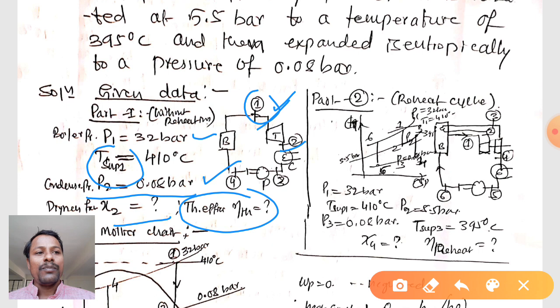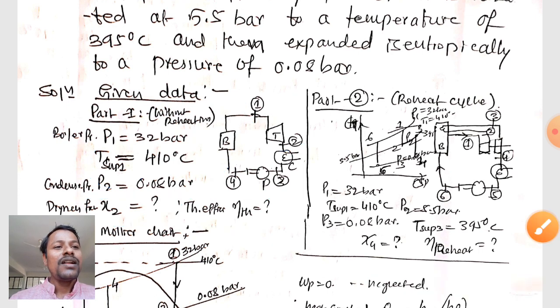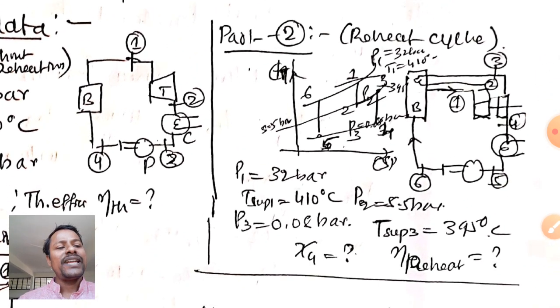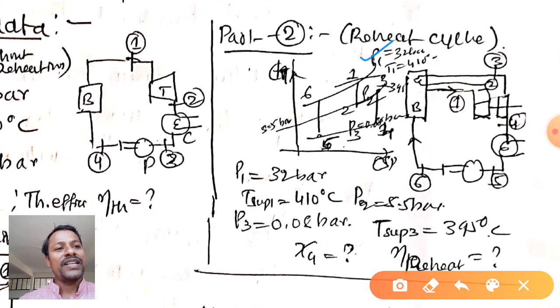Before going to the first part solution, let us write the given data for part 2 also. In part 2 he has mentioned a reheat cycle, as we discussed in the problem statement. So in part 2, P1 is 32 bar and 410 degrees Celsius.